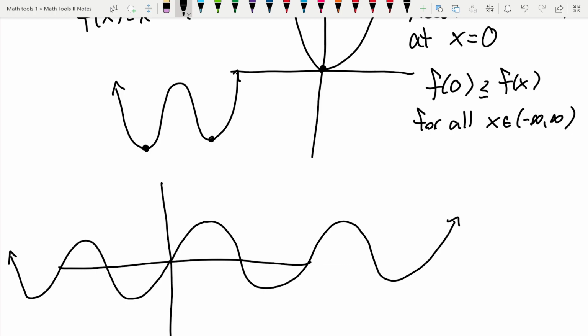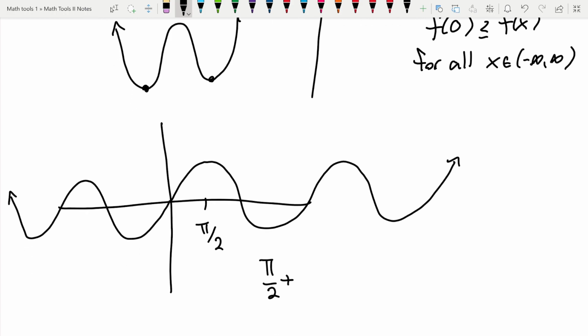This one has several absolute maximums and minimums on -infinity to infinity, namely at pi over 2, and then at every pi over 2 plus 2 pi k, where k is any integer.